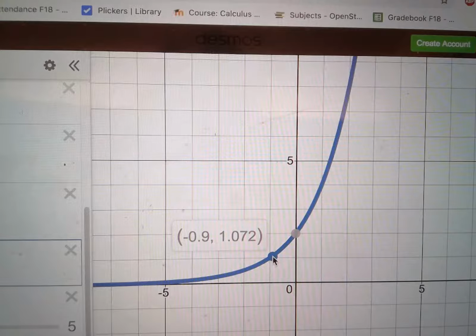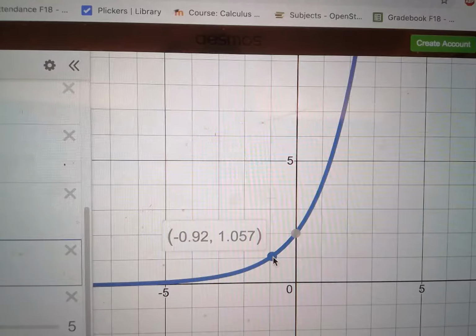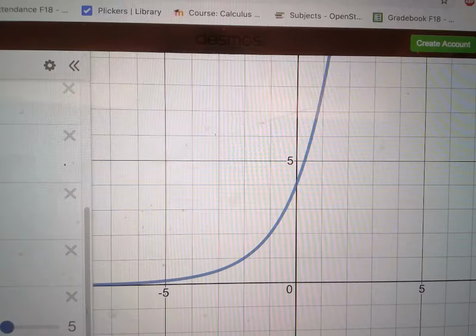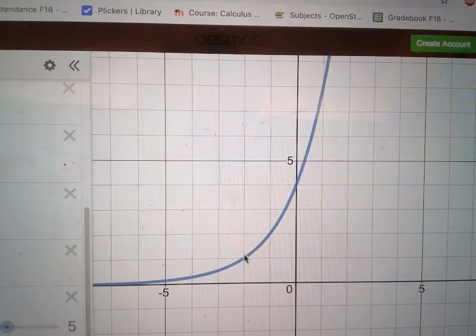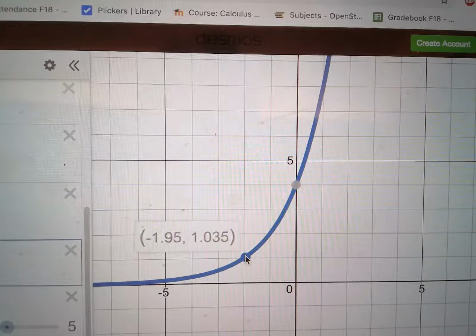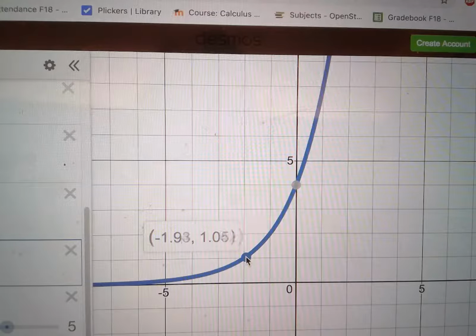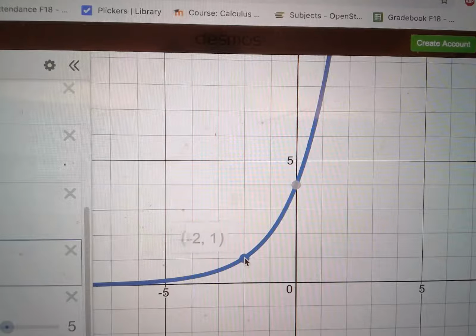Let me move this one more to 2, and then if I look at this point here, the point where it would be 1, it's back 2. So when I have x plus 2 as my exponent, I'm shifted back 2 units.